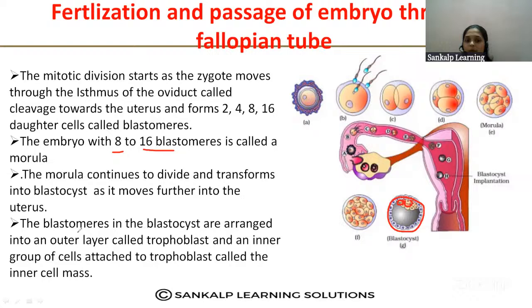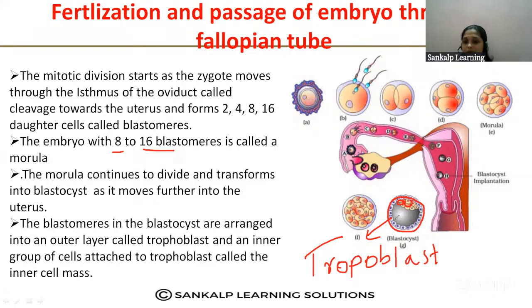Illi nodi, the blastomeres in the blastocyst are arranged into an outer layer called trophoblast. This layer is called the trophoblast. Don't confuse. Here, these are called blastomeres.